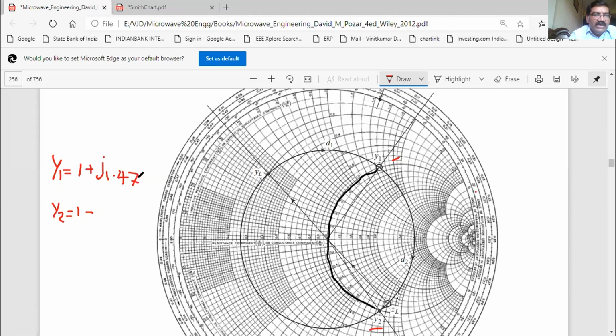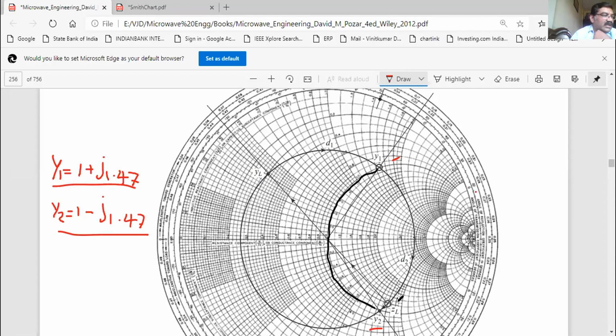This is the impedance value I am saying. And the same Y2 will be there, that is -j1.47. Both values, ideally it should be equal. A little bit difference here and there is okay, but exactly this value should be equal. This Y1 and Y2 magnitude will be equal. Only the difference is it is plus because it is at the top and it is minus at the bottom.